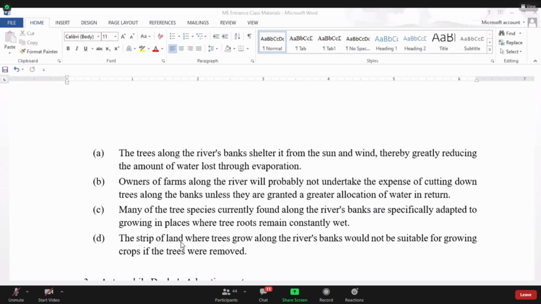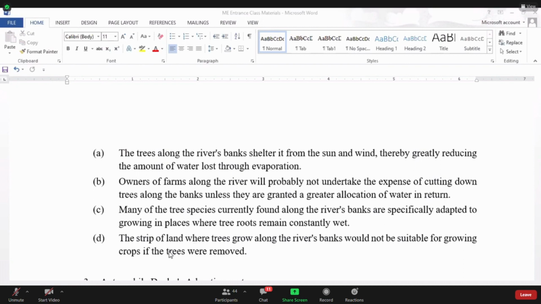The very land would not be suitable for growing crops if the trees were removed. What does it say? That is, trees should not be removed, because if the trees were removed, the land would not be suitable for growing crops.